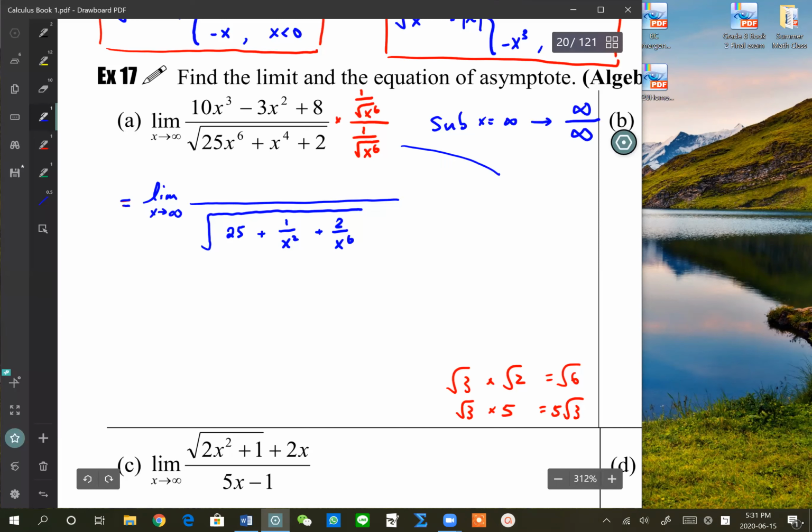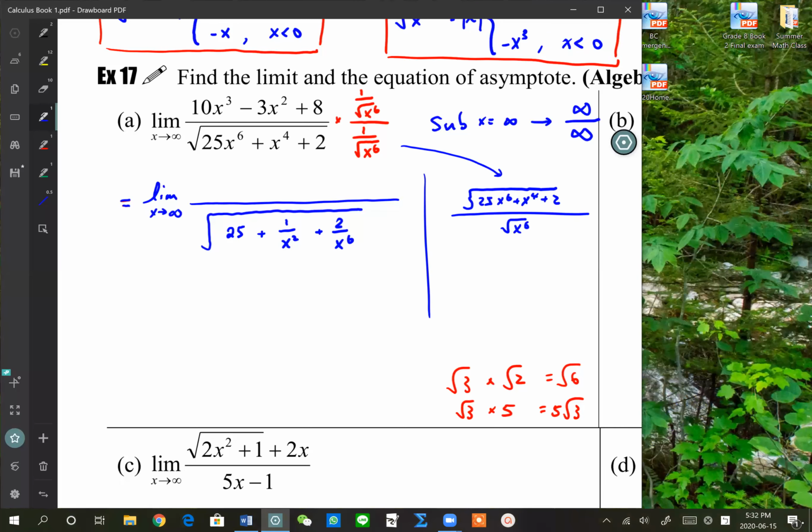So what happened in the denominator is, you can think of it, it started with that. You have square root and then times it by root x to the 6. Do you follow so far? Yeah. The red part is in the denominator, and this is the numerator.